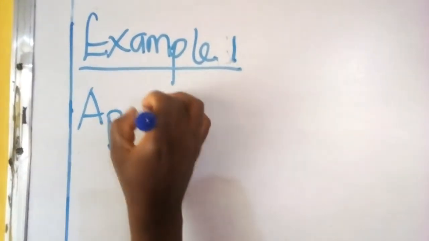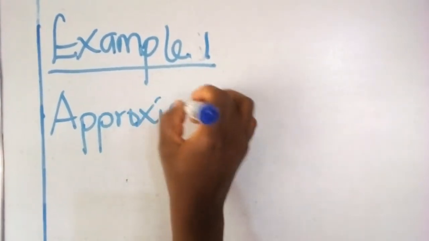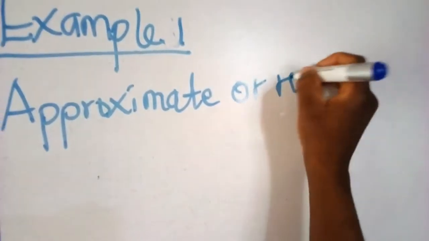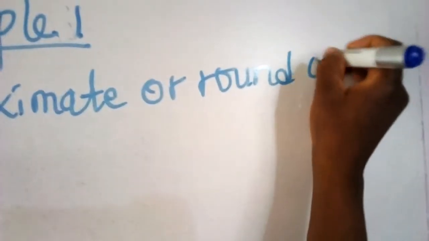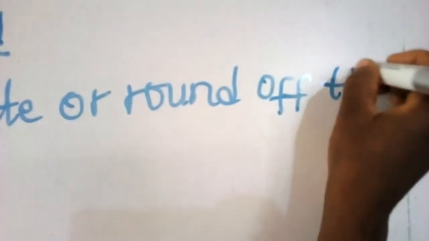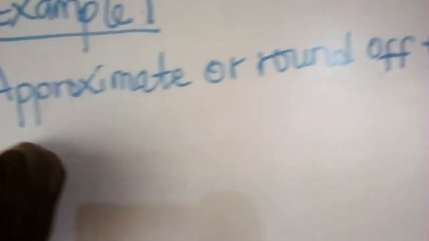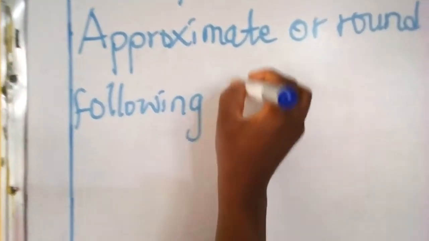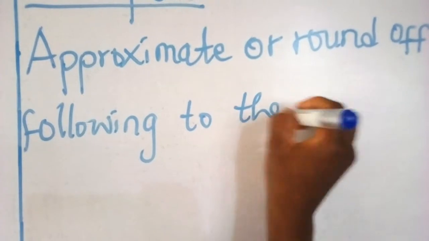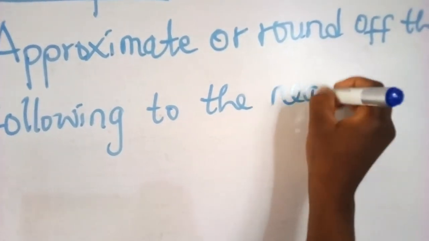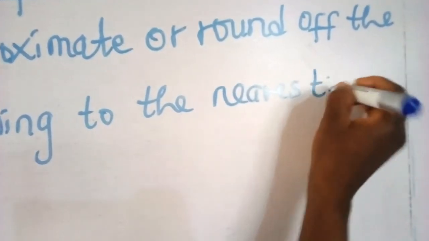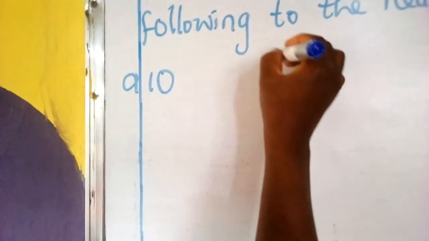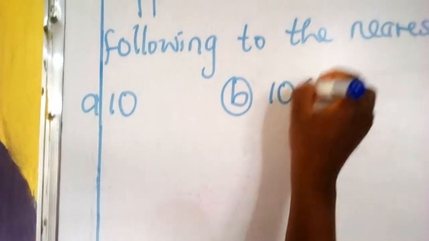Approximate or round off the following to the nearest: A, 10, B, 100.